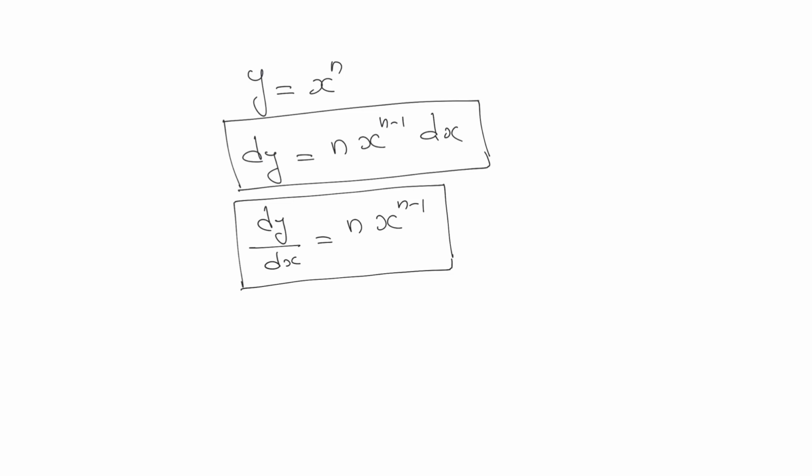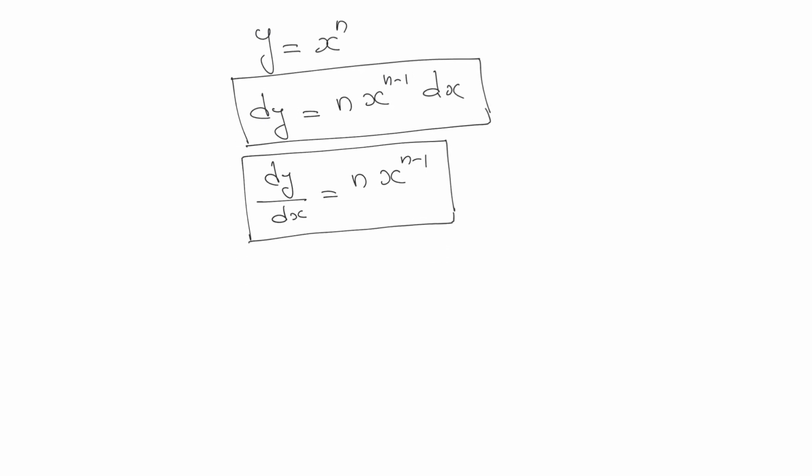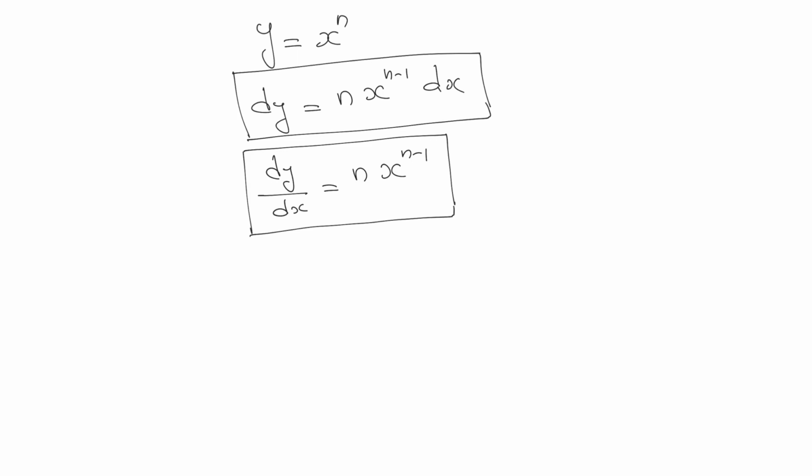Now we'll take some examples of how to use this equation to find the differentiation of y with respect to x. As an example, suppose y is equal to x square. We can write differentiation of y is equal to, instead of n we have 2, so 2 into x raised to 2 minus 1 into dx.